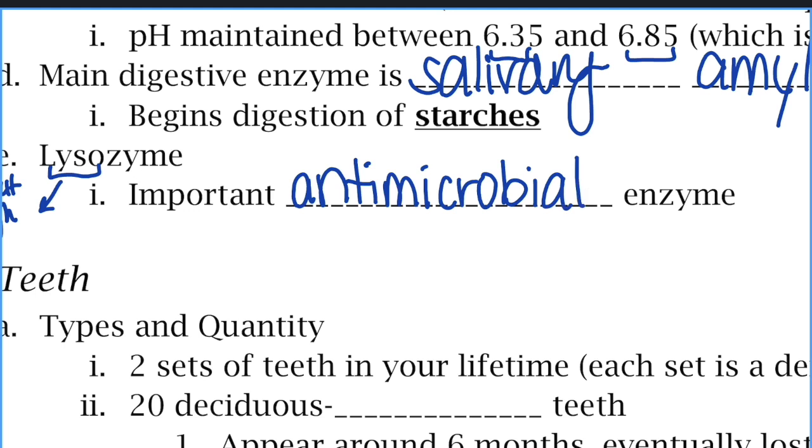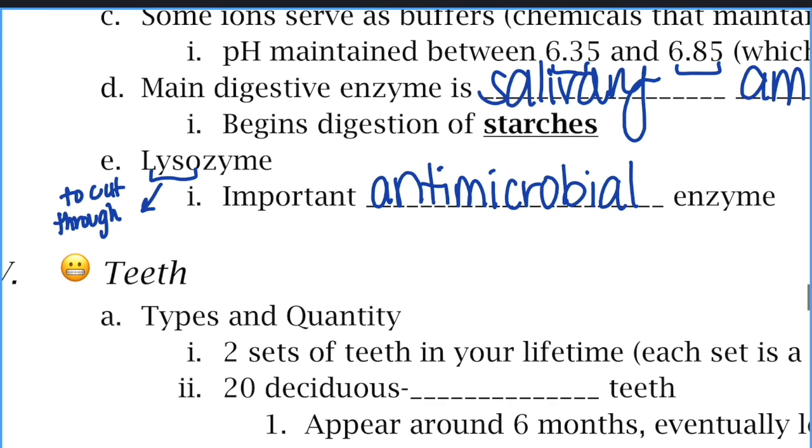That word just means we are against the little microbes like bacteria, viruses. So dogs make a lot of this lysozyme. Has anyone ever heard that a dog's mouth is cleaner than yours? Because they make a lot of this lysozyme. You make it too, but not as much as dogs.